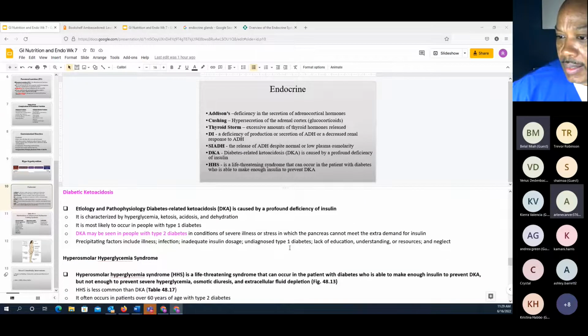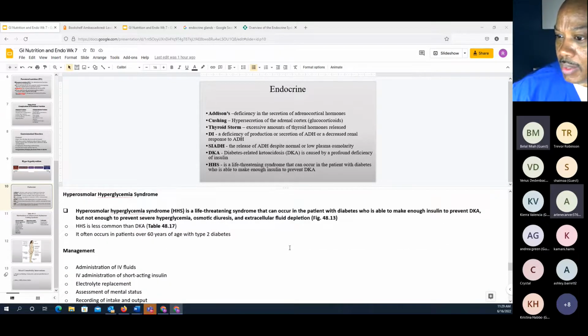All right. You may also run across something else. The blood glucose levels: if you ask yourself the question, why do patients with type 2 diabetes, when they develop the complication of HHS, have higher blood glucose levels than in DKA or type 1 diabetic patients?